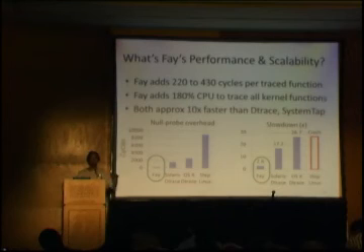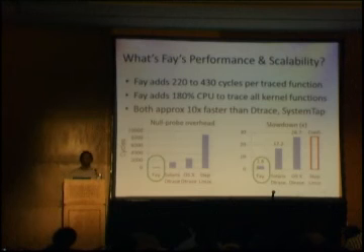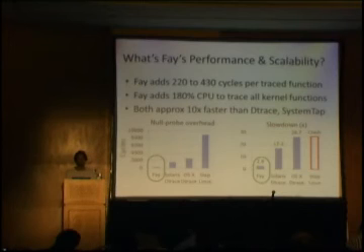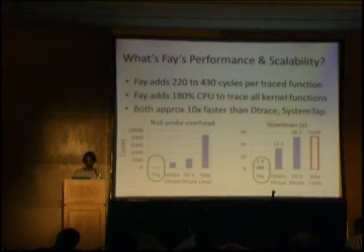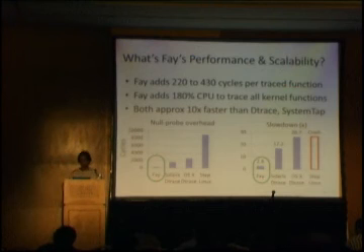Then we have implemented a little benchmark to show Fay's scalability within the machine. We started instrumenting all the functions that exist in the kernel using Fay, as well as trying the same thing with DTrace to compare against. We ran a little benchmark that was copying text files on a RAM disk. That was pretty much executing the operating system code all the time, causing these functions to be called a lot, so this is a worst-case stress test for these systems. Also in this case, we could see that Fay was around an order of magnitude faster, with an overhead of about 2.8 times the original runtime of the workload, than the other two tracing systems.